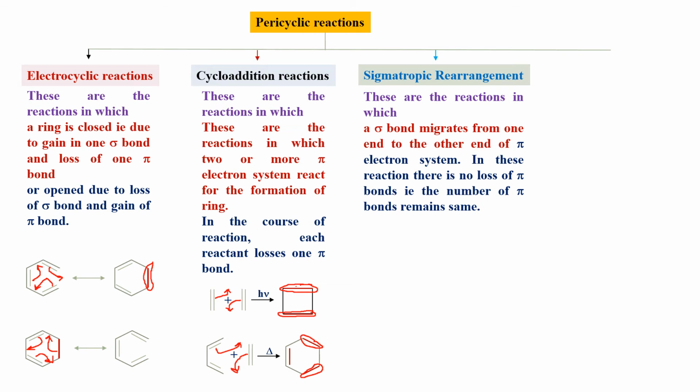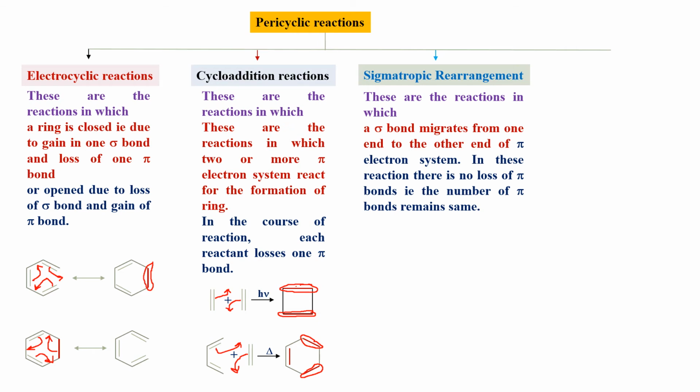In this example, we can say one sigma bond, or a group attached with the sigma bond with one carbon atom, is shifted to another end, another terminal carbon atom.